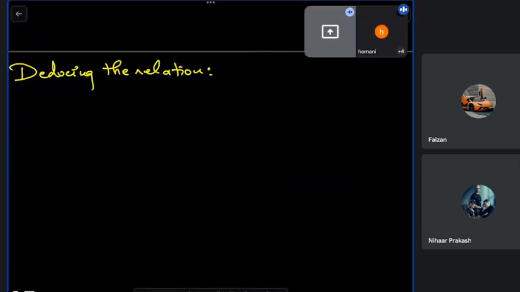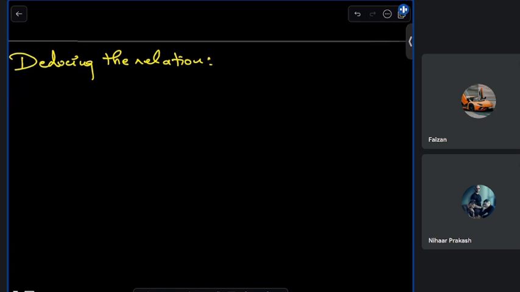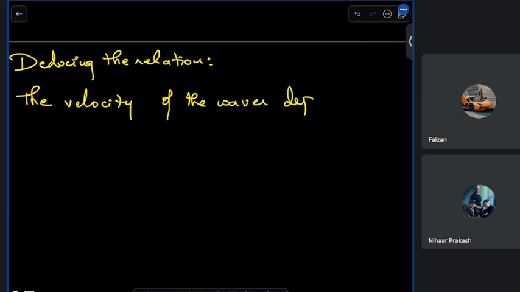You're always supposed to understand the meaning of the question. I'll give an example. The question goes like this: the velocity of the waves depends on the tension in the string and the linear density.